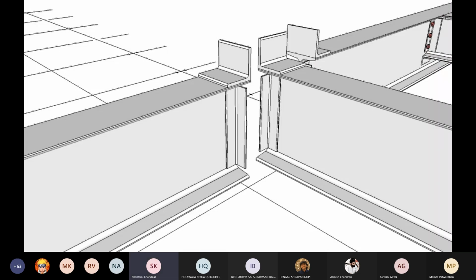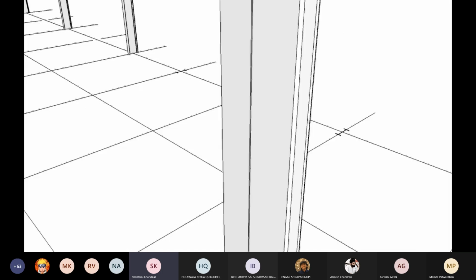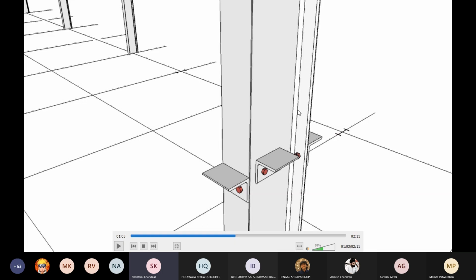So we add the cleats to the beams, and at the same time, the column itself also gets prepared to receive the beams. Here we can see that we have placed these angles, these cleats, onto the column, because these are the places where the beams will get received.